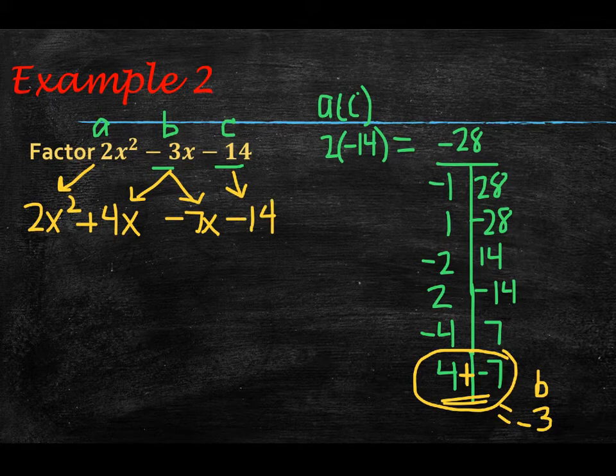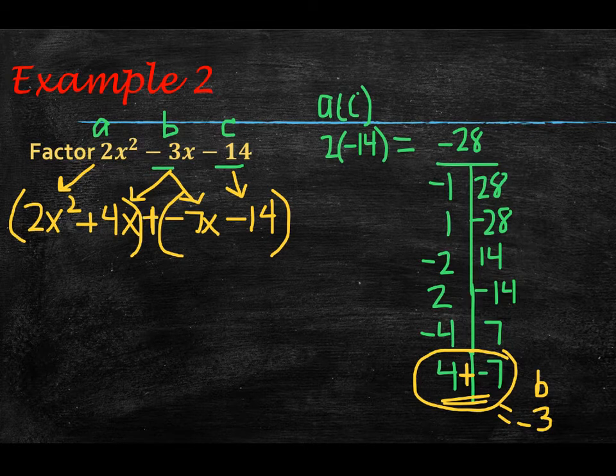Okay, at this point we are going to group our first two terms together. Now you have to do something kind of special with this second group because we've got that negative 7x there. So we're going to put the negative 7 in the parentheses, and I want you to separate those parentheses with a plus sign.